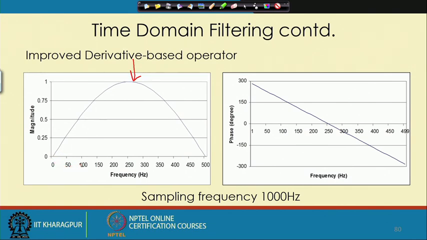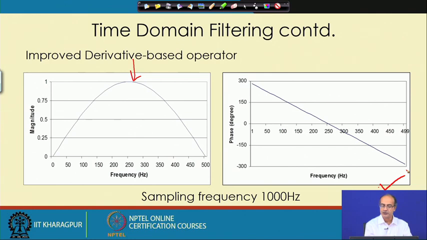At the same time, if there is a very high frequency term, that will also get suppressed, or at least it will not be magnified by this improved derivative filter, and at the same time it has preserved the linear phase. That is the good thing, and this filter is much better for real life use.